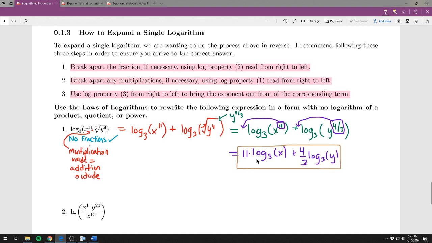That satisfies all our rules. Inside of the logs, we don't have any multiplications, we don't have any divisions, we don't have any exponents besides 1, but that's never going to go away.